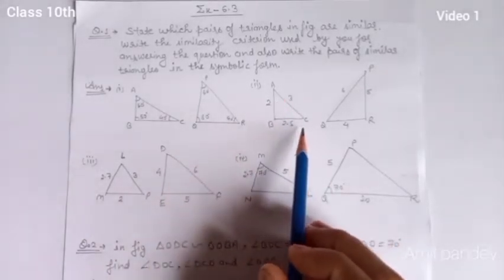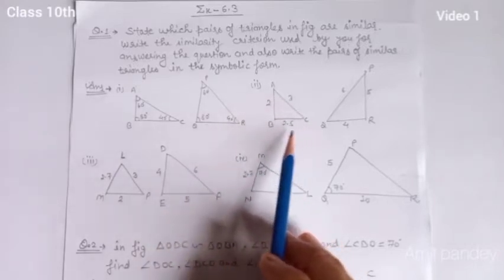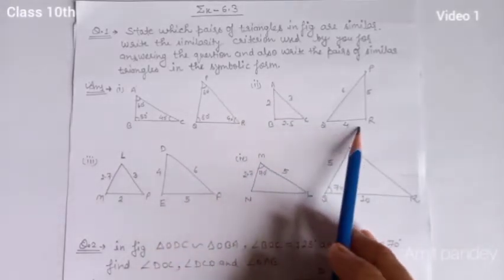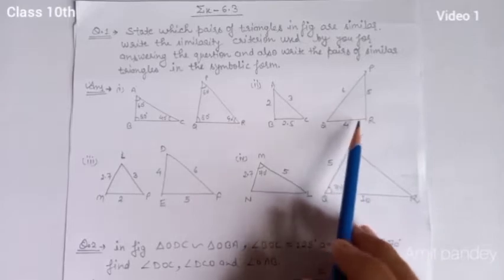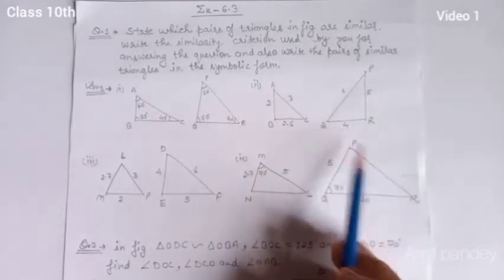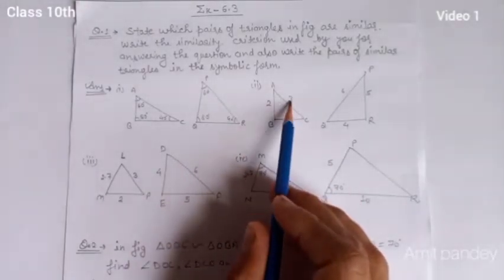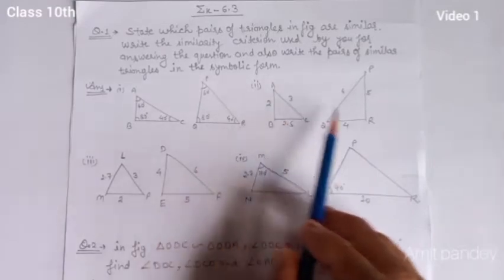In triangle ABC, lengths are given: AB is 2, AC 3, and BC is 2.5. In a similar way, in the other triangle PQR, lengths are given: PQ is 6, PR 5, QR 4. Now check which ratios are equal. You can see 3 and here 6, 2 and here 4.